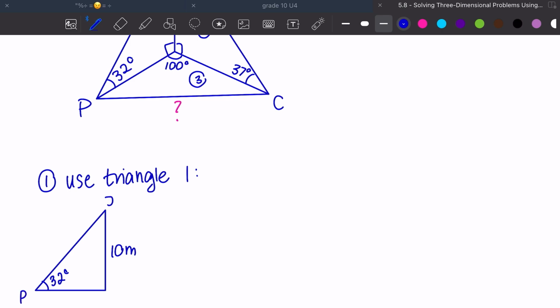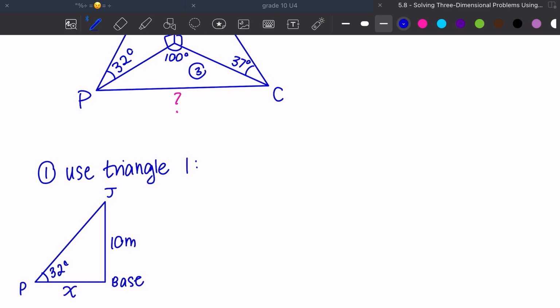Okay, so from his parents to him and then to the base, you found this one, which I can call X. Cool. And so you said it was tan? Yeah. So tan 32 equals 10 over X. Then what do I do? Multiply both sides by X. Don't you want to see if this is right?